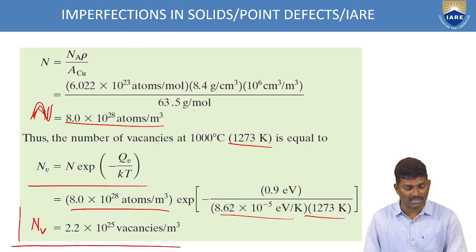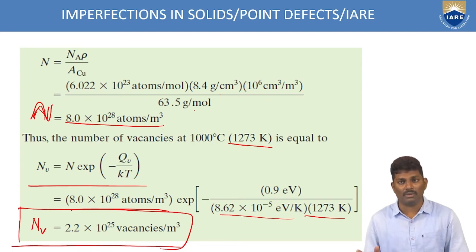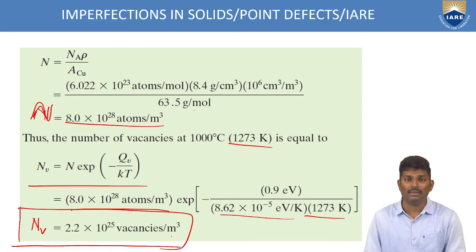So these many vacancies you have in the copper at 1000 degrees centigrade, with the total number of atoms being 8 into 10 power 28 atoms per centimeter cube.